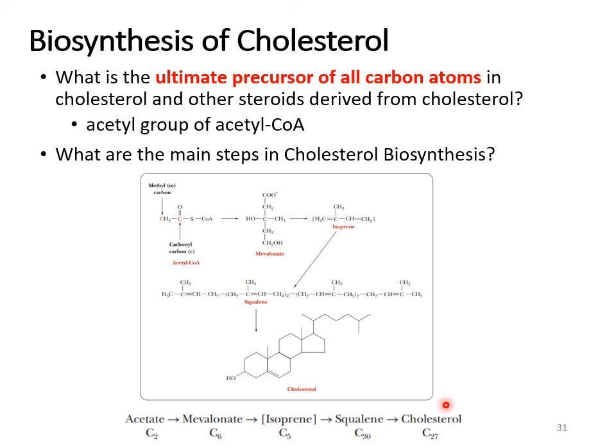And the enzymes involved in this process, if you ever see enzymes called HMG-CoA reductase or HMG-CoA synthase, those are involved in the conversion of the acetyl-CoA all the way through to making cholesterol.